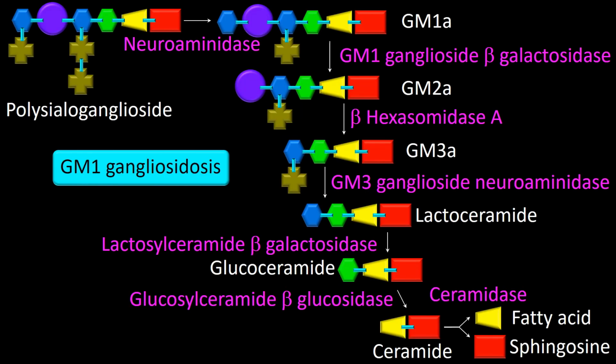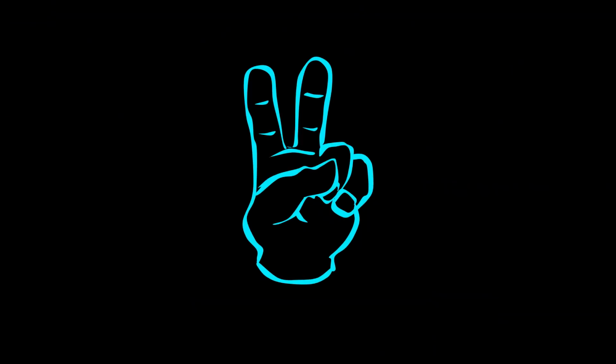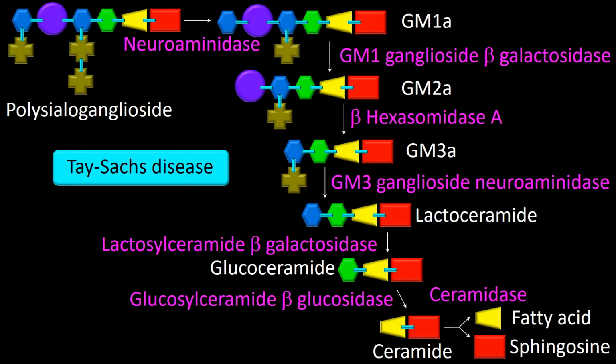One is GM1 gangliosidosis. As you know, GM1 gangliosidosis is due to GM1 ganglioside beta-galactosidase deficiency. The second condition is Tay-Sachs disease. Tay-Sachs disease is due to beta-hexosaminidase A deficiency.